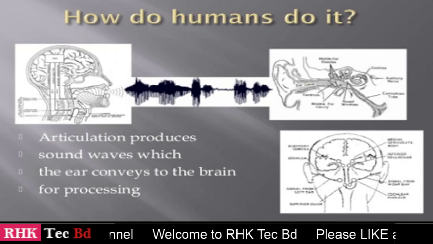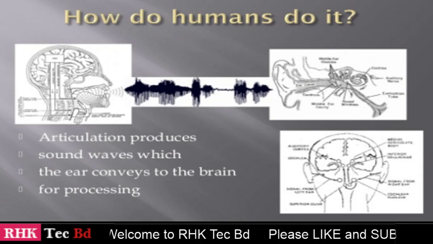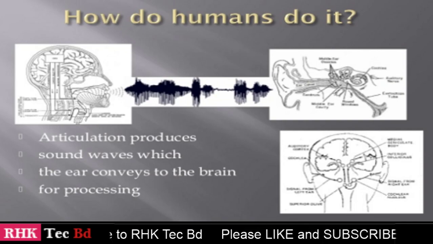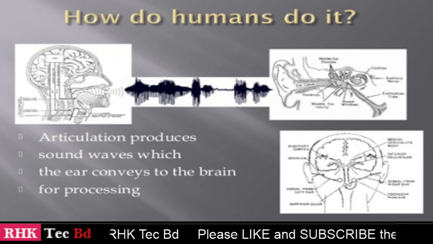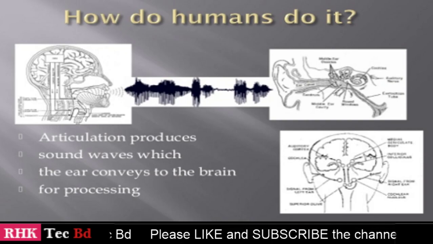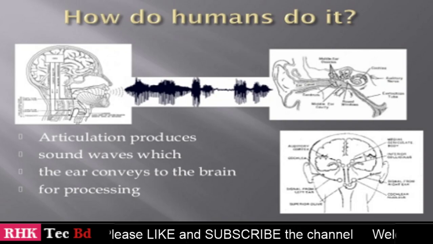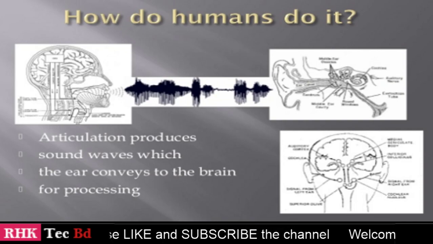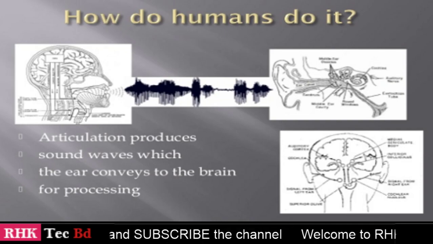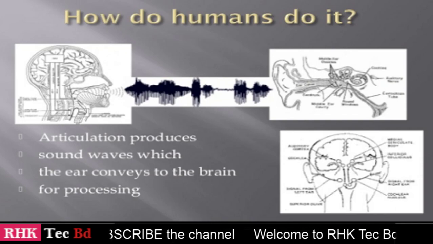How do humans do it? Normally, articulation produces, it means if I want to say something, I speak it out, there is a vibration. That wave or vibration is carried to the ear of another human being, the intended human being, through the ear, and the ear conveys the sound waves to the brain and the brain processes them.